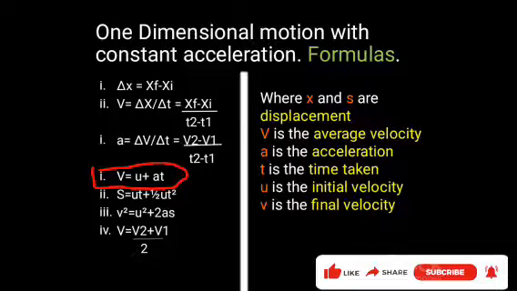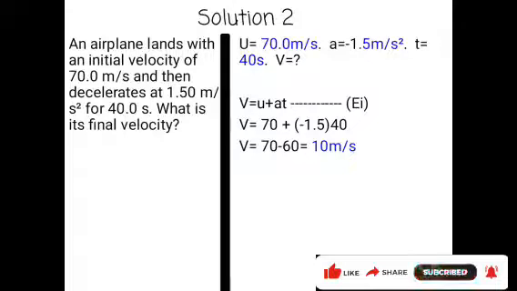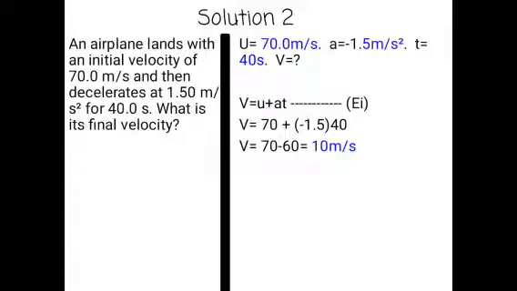Back to the solution. v is equal to u plus at. The v is the final velocity, u is 70, plus open bracket minus 1.5, the deceleration, close bracket, 40, the time. Then v is equal to 70 minus 60, which is equal to 10 meters per second.